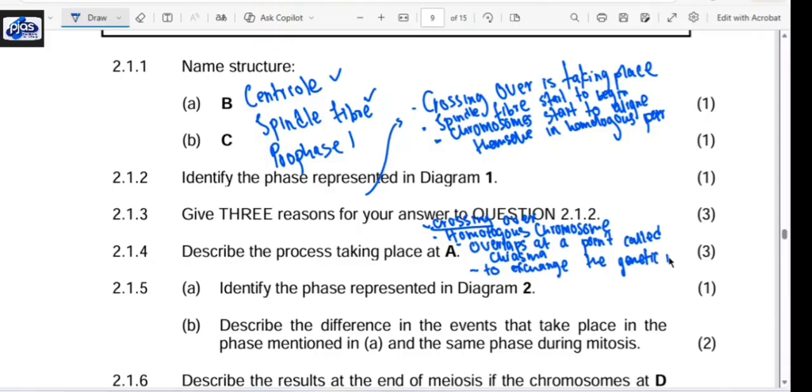To exchange the genetic material. Yes. So that is how you are going to get those marks.